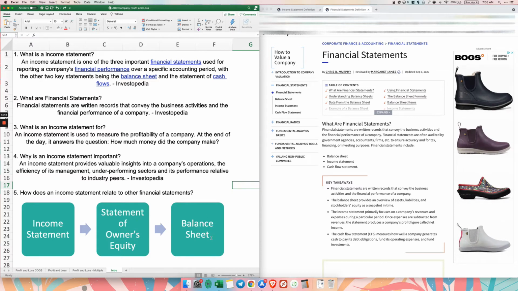The balance sheet. Again, this is the last statement that you're going to prepare, and the information from these two flows into this. A balance sheet basically shows the assets, liabilities, and the owner's equity in a company. So all the information from these two comes to this one. Okay, so I'm going to show you now what an income statement looks like.